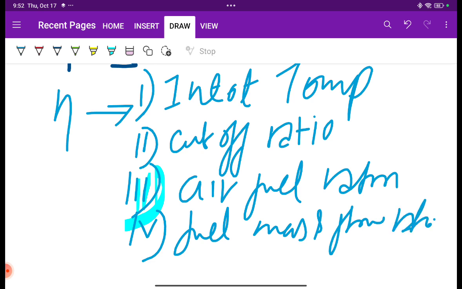So the efficiency of an air standard diesel cycle depends on inlet temperature, cutoff ratio, air fuel ratio, and fuel mass flow rate.